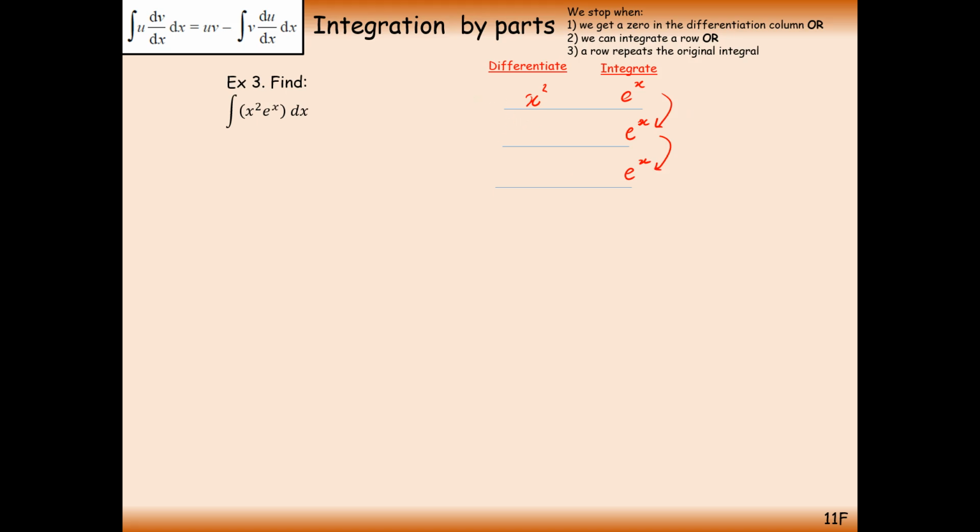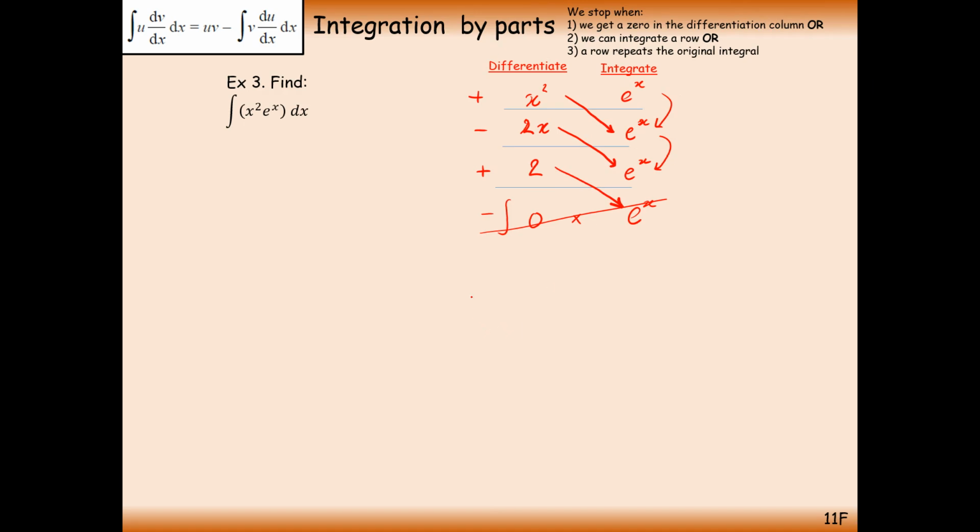Here we're going to have plus and minus signs, and the next term would be 2x, the next term would be a 2, the next term would be a 0. Therefore, this final row of integral is going to have no effect because we have a 0 there. We read our answer as these two terms multiplied with each other, these two terms multiplied with each other, and these two terms multiplied with each other.